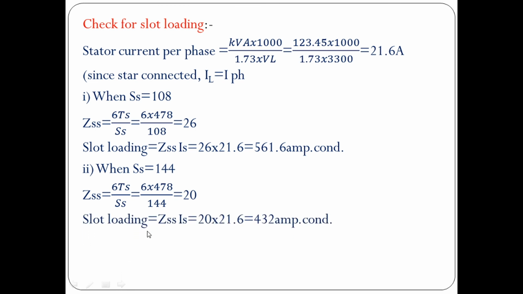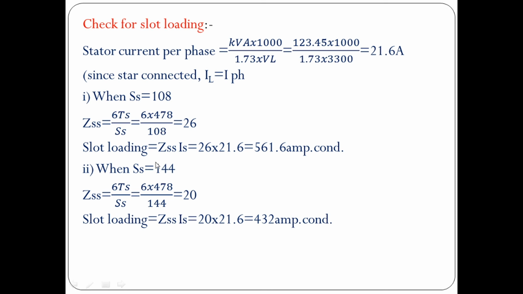Now check the slot loading: ZSS into IS is 20 into 21.6, the stator current per phase, so the value will be 432 ampere conductors, which is below the 500 given in the statement of the problem.